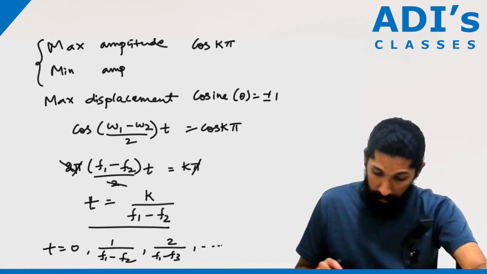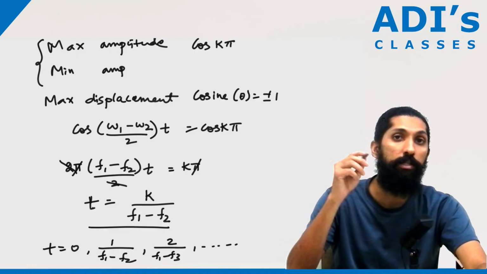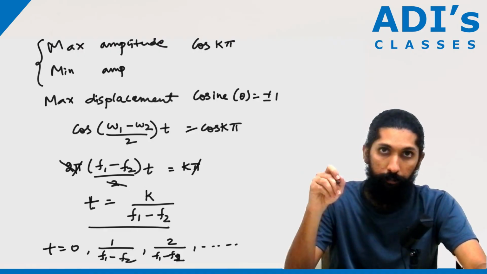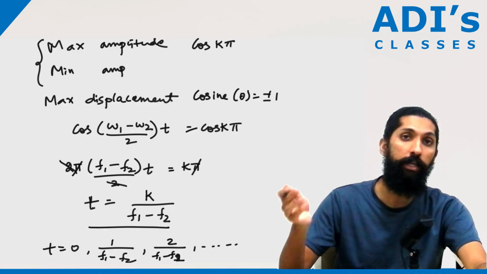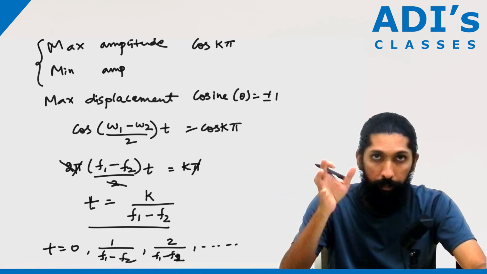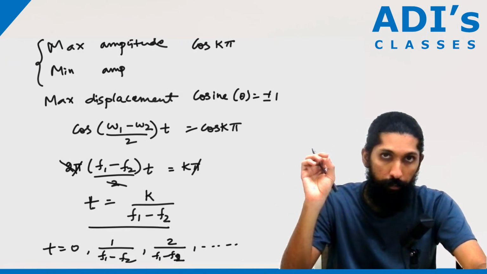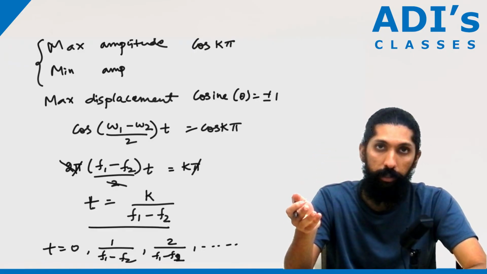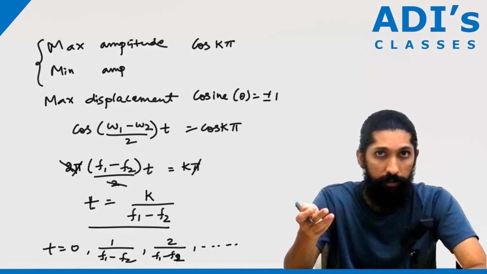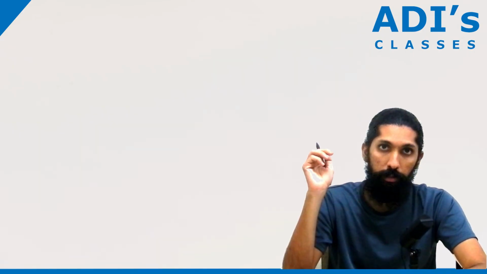Okay, and if you look at this, the difference between the values is always 1 by (f1 minus f2). Are you clear? The difference between any two consecutive amplitudes in a beat is always going to be 1 by (f1 minus f2). Now what we understood is for the maximum displacement, correct? Either positive side or on the negative side, but your maximum displacement.